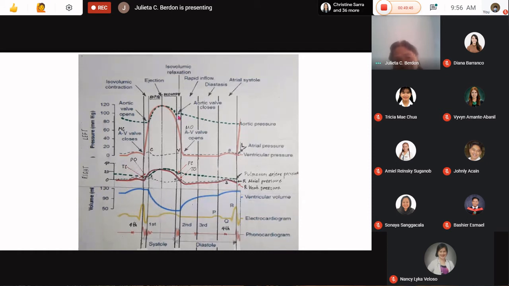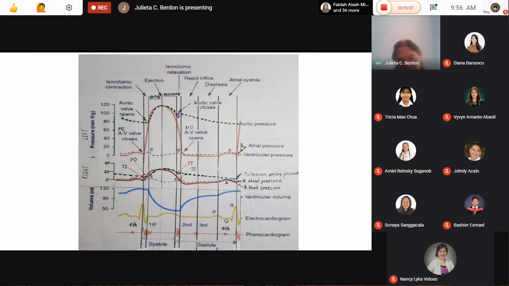So this now marks the end of your reduced ejection phase and the beginning of your isovolumetric relaxation phase. Your aortic valve will close now.